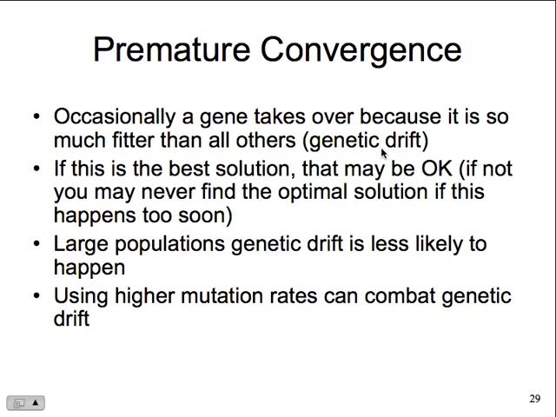The brown eyes genetically shifted over, and nobody has blue eyes, percentage-wise. Although I think this color of green eyes is kind of rare as well. So if there's a best solution, that may be okay. If not, you may never find the optimal solution if that happens too soon.